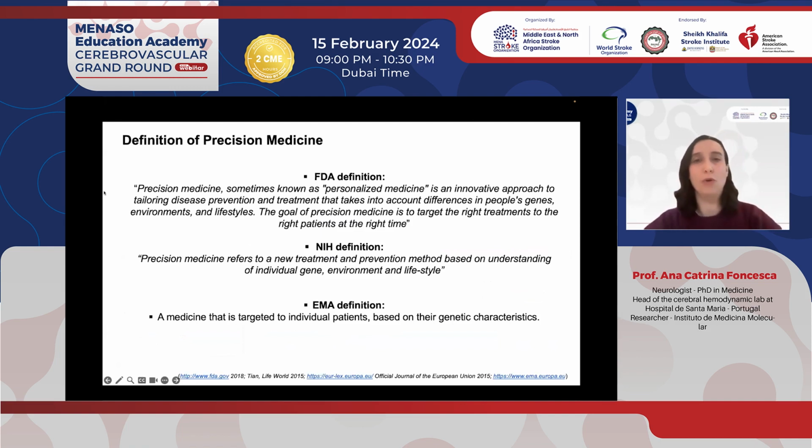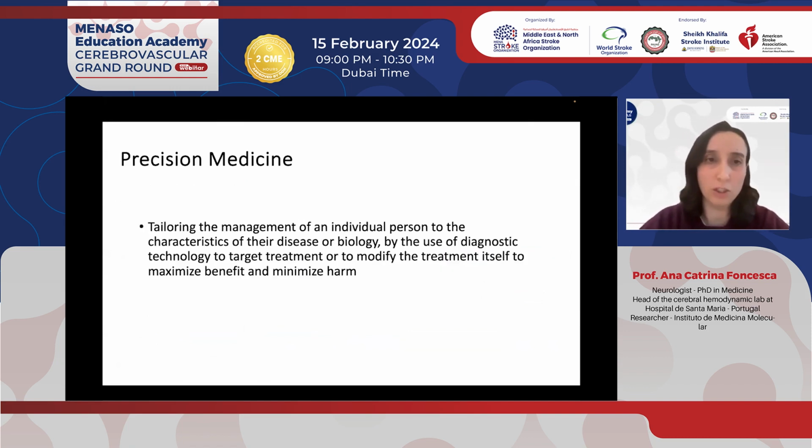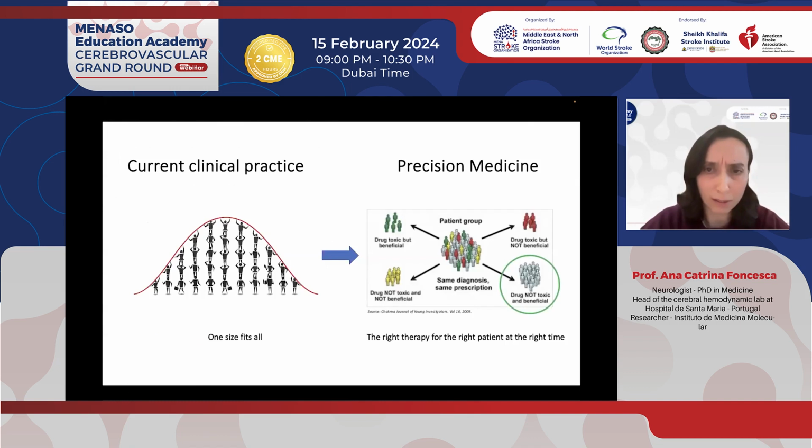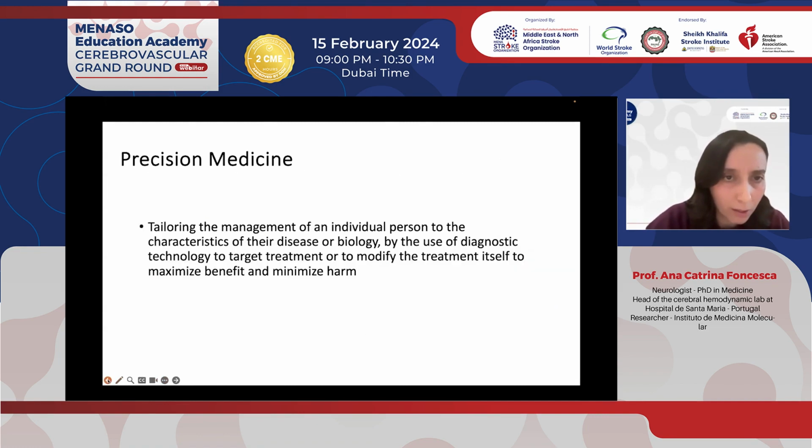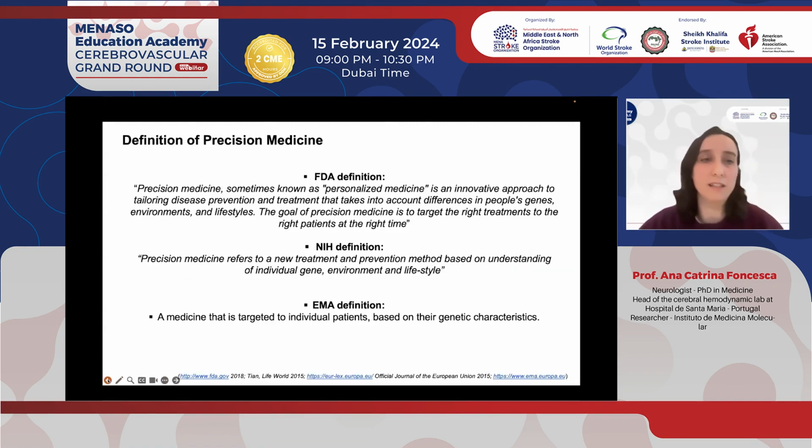And if you go through, you'll see that there are several definitions actually. The definition of precision medicine adopted by different institutions differs.